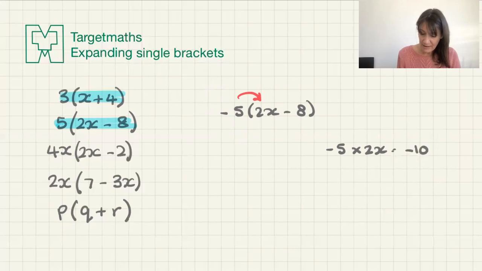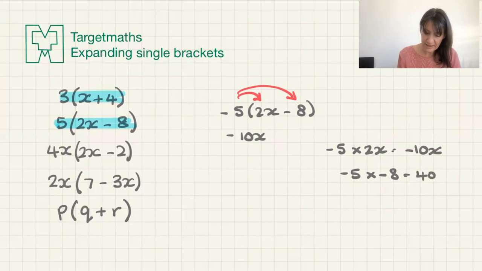And then I've got the x squashed in. So I've got minus 10x. And then here I've got minus 5 on the outside, multiplying to minus 8 on the inside. And here I can do my numbers, 5 times 8, which is 40. And then I've got 2 negatives in the question. 2 negatives in the question make it positive. So I would be putting in a plus sign and 40.